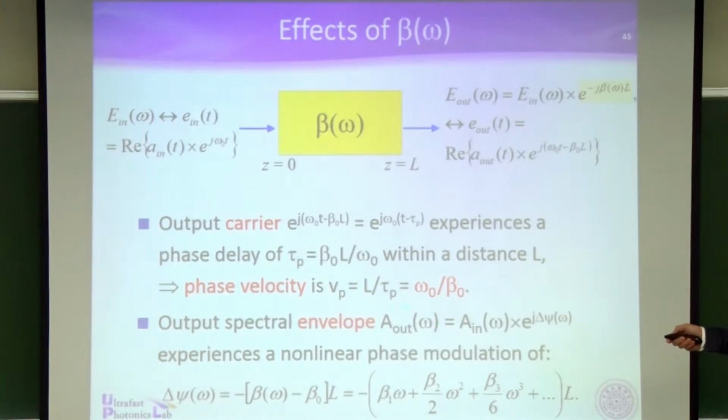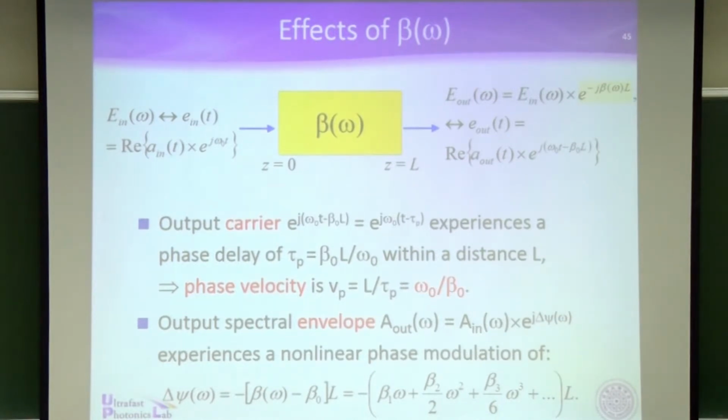The output spectral envelope equals the input spectral envelope times a transfer function. And the transfer function, according to the deduction here, is a pure phase modulation function. And it's everything except for the contribution from beta 0.